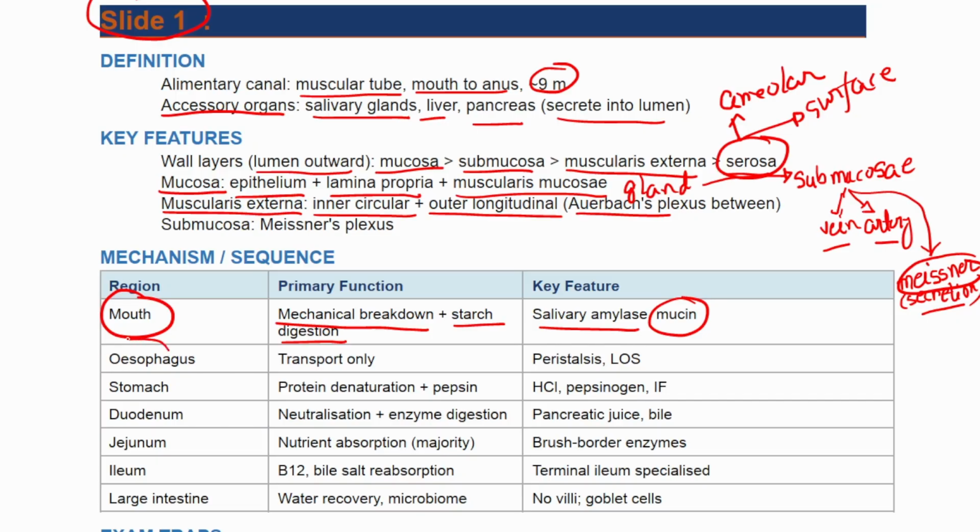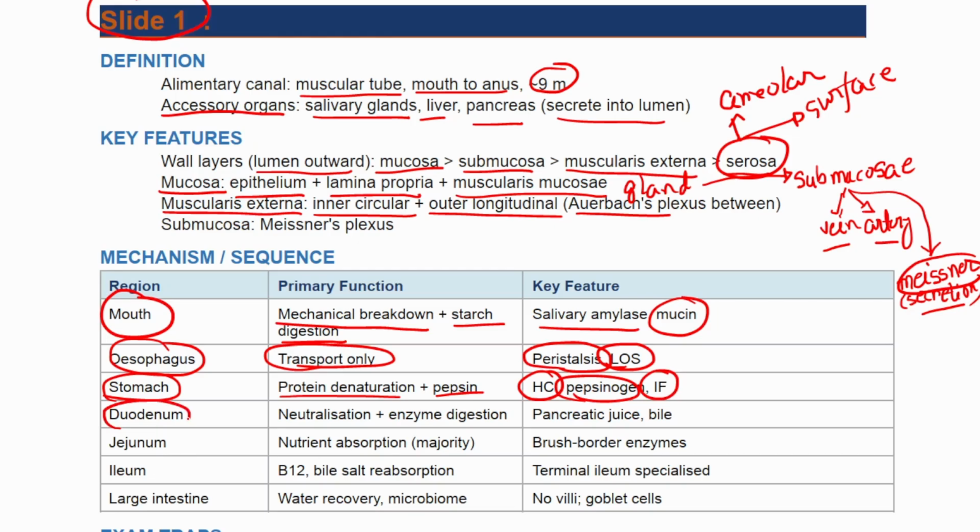The esophagus provides transport only via peristalsis and the lower esophageal sphincter. The stomach orchestrates protein denaturation and pepsin activation via hydrochloric acid, pepsinogen, and intrinsic factor.